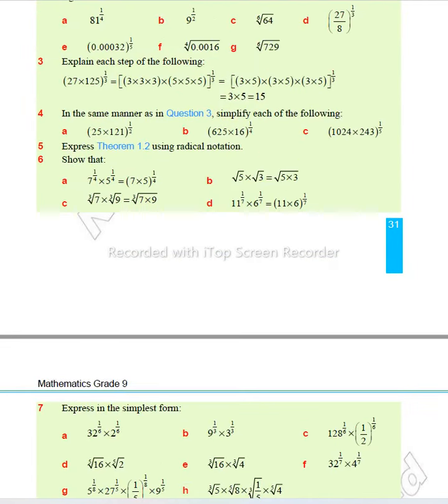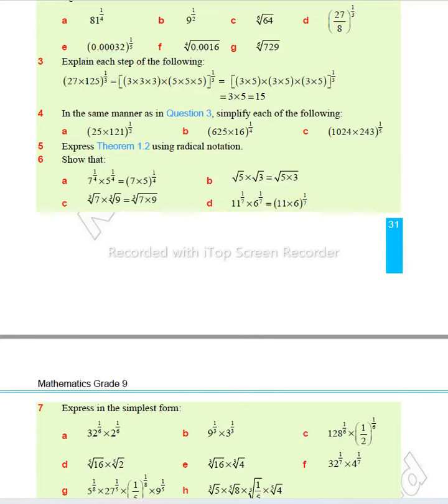Question number 6, for example, A means 7 to the power of 1 over 4 times 5 to the power of 1 over 4. Since they have the same power, 1 over 4, same exponents, we take a means 7, b means 5.